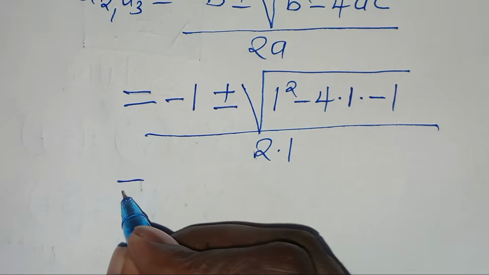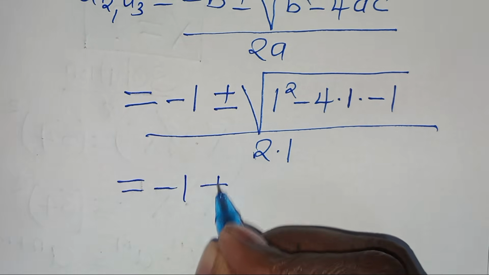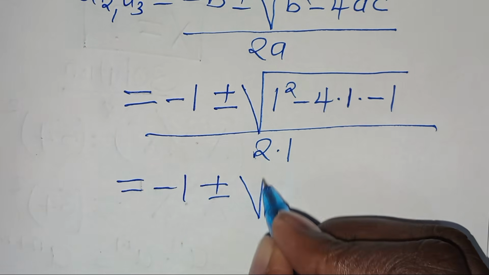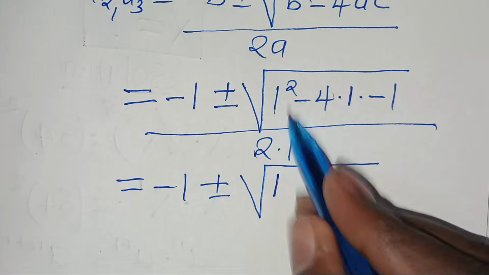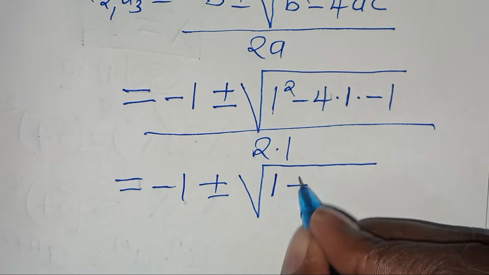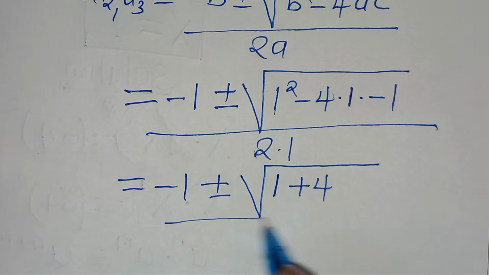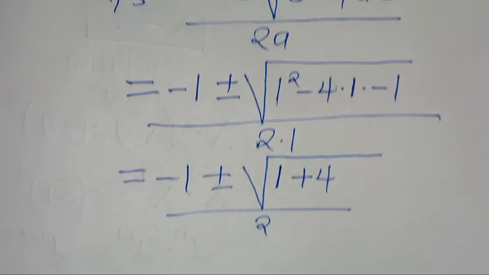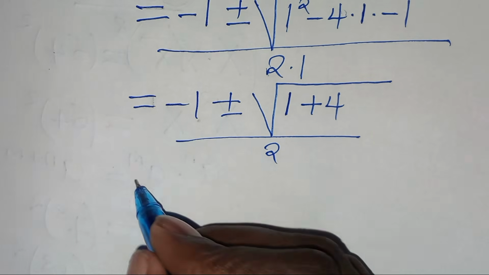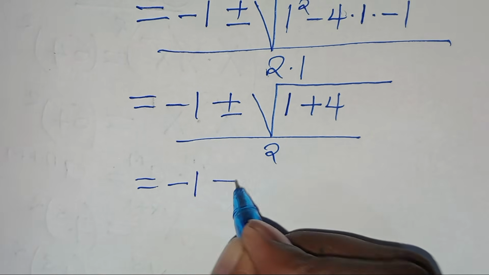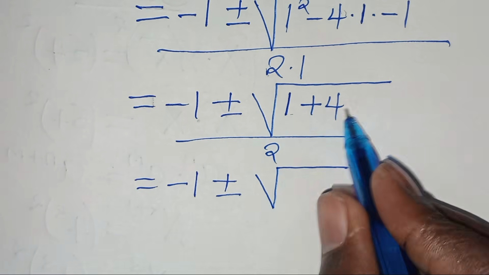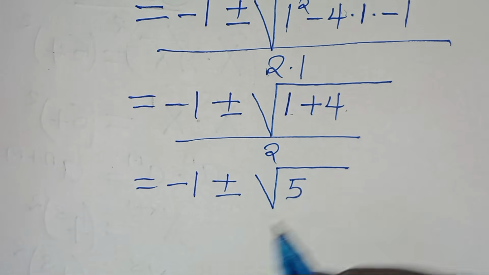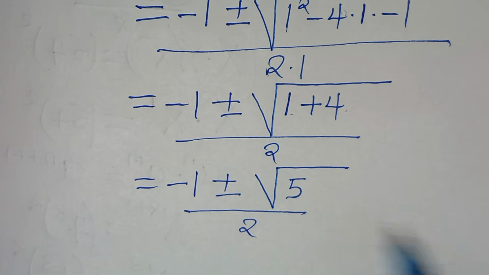So this means that we have negative 1 plus or minus the square root of 1 squared, this is 1, negative 4 times negative 1, this is plus 4, divided by 2. So this means that we have negative 1 plus or minus the square root of 1 plus 4, this is 5, divided by 2.